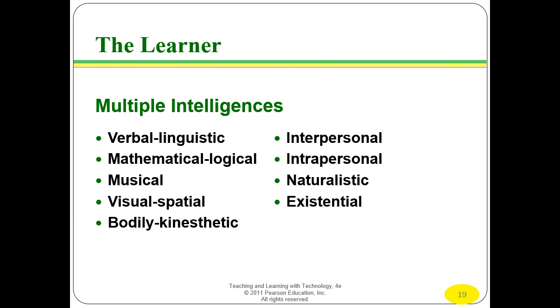Visual is spatial, of course, being able to visualize and see things. And bodily kinesthetic, being able to learn best by manipulating things. Then there's another intelligence, interpersonal. What kind of interpersonal relationships do students build with each other, or people build one to another?